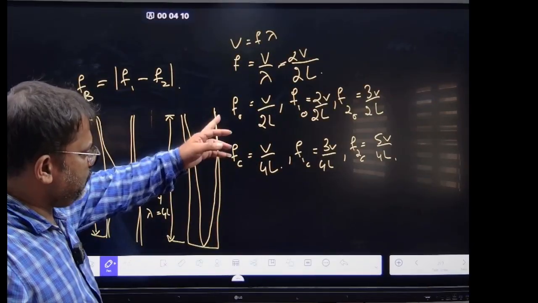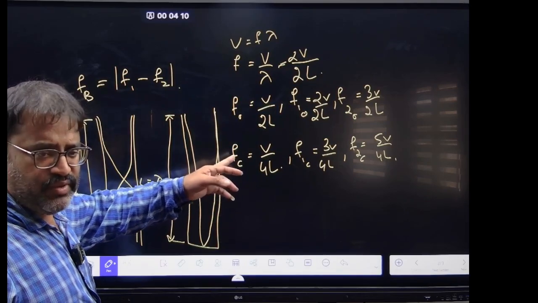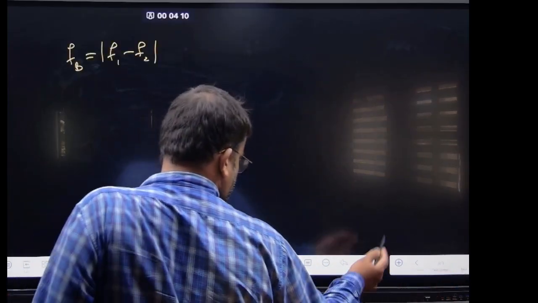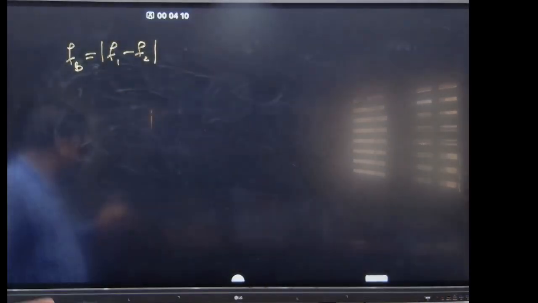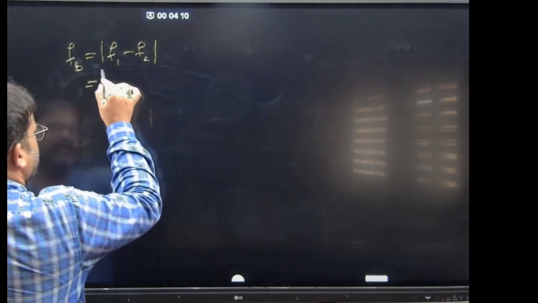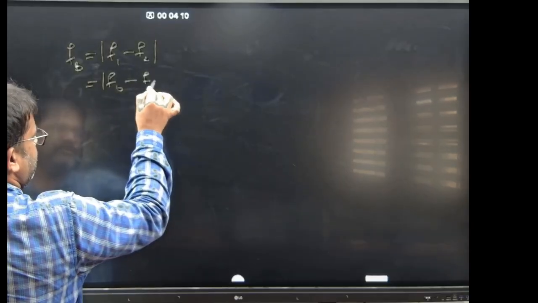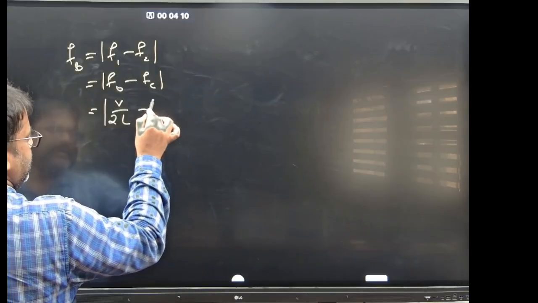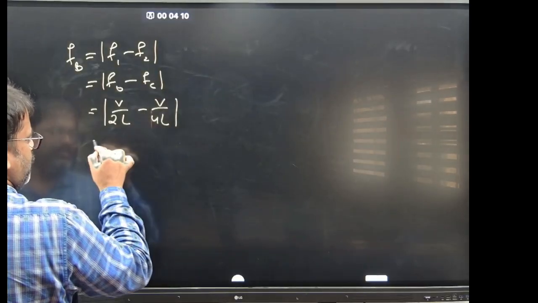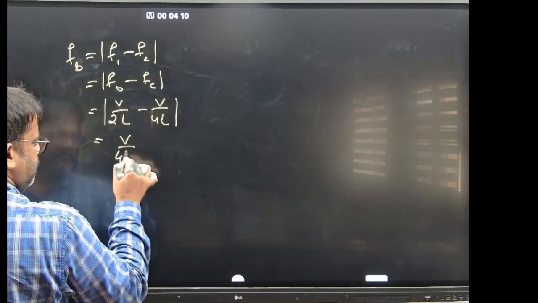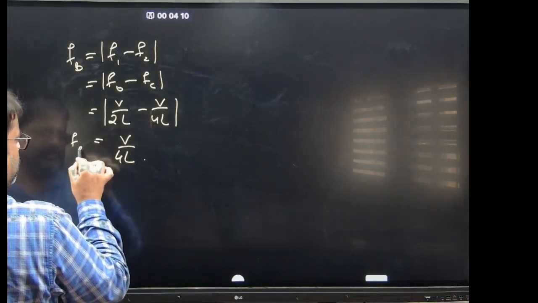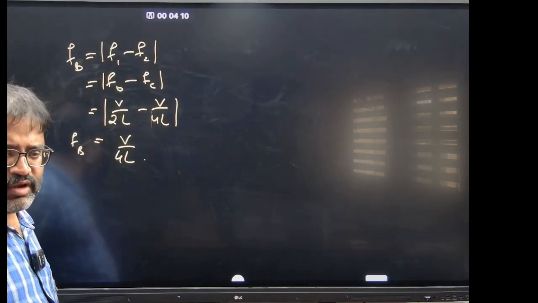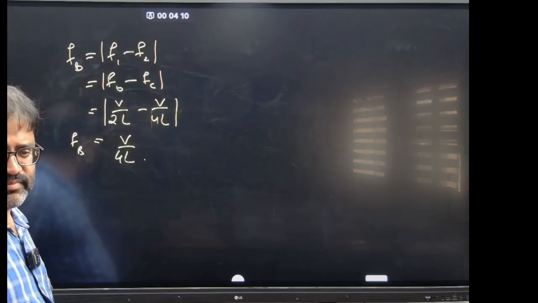So here we can see that V by 2L is greater than V by 4L. So that means F1 is nothing but FO and F2 is nothing but FC. So this is nothing but FO minus FC. So what is FO? It is V by 2L minus V by 4L. So when I remove the absolute sign, we are going to get FB equal to V by 4L. Okay, beta, any doubts in this?